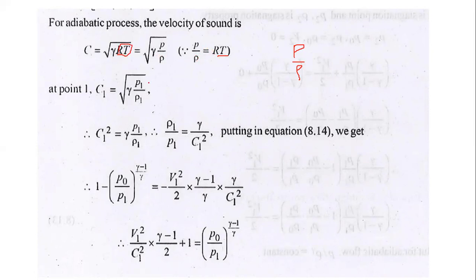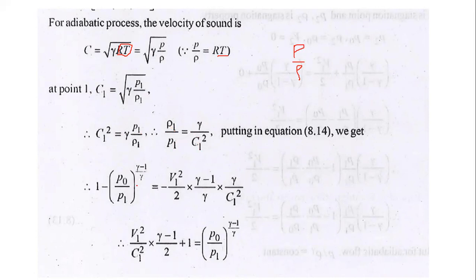So we are getting gamma into P upon rho. At point 1, C1 is equal to under root gamma into P1 upon rho 1, or say C1 square is equal to gamma into P1 upon rho 1. Therefore, P1 upon rho 1 is equal to C1 square upon gamma.